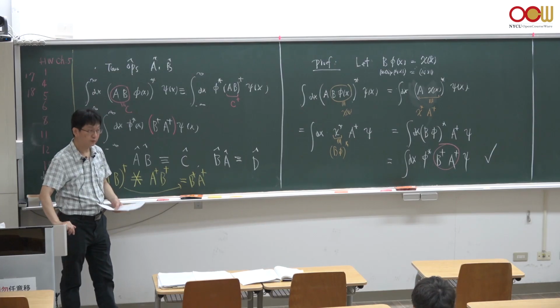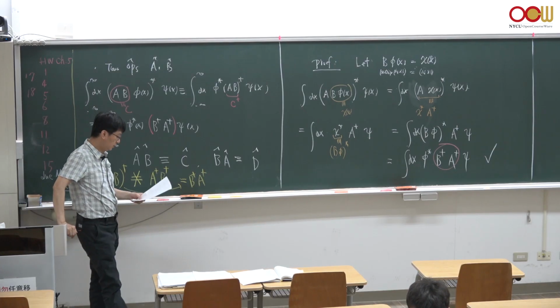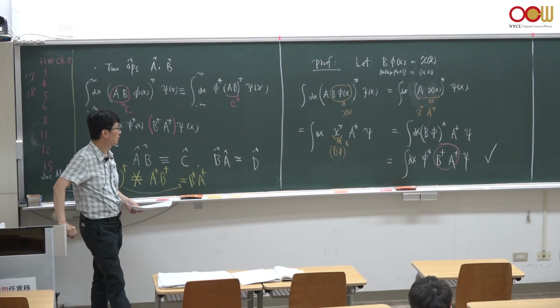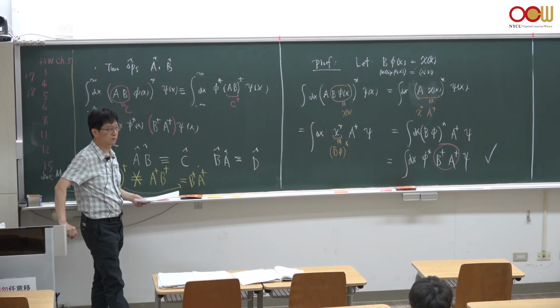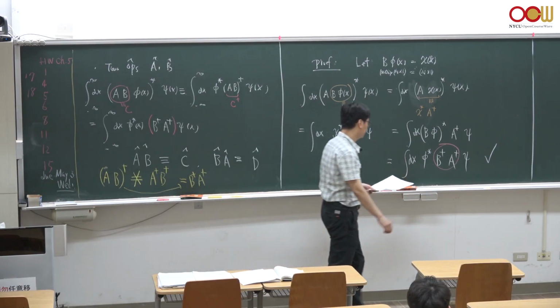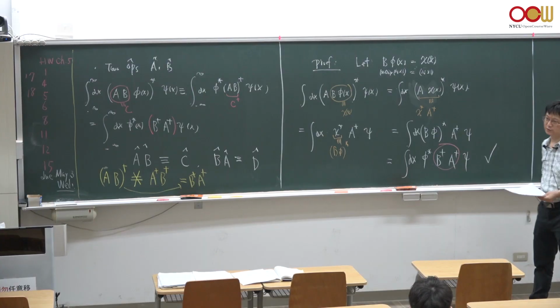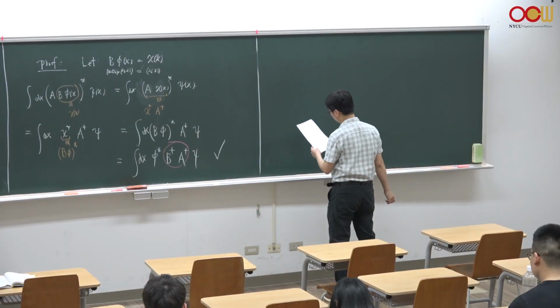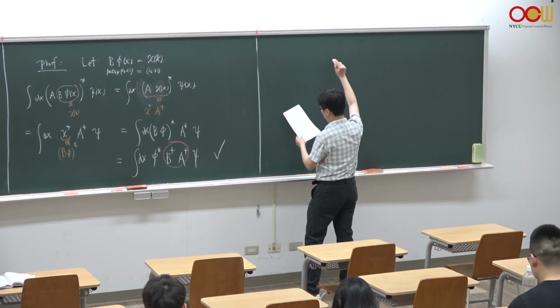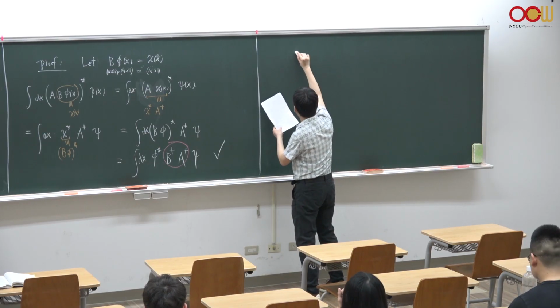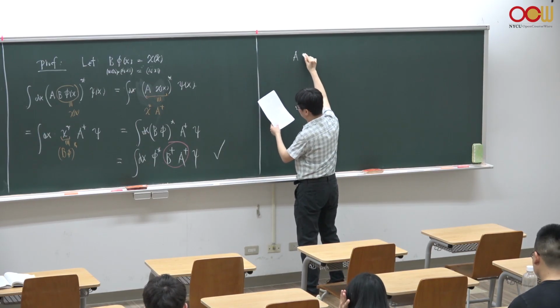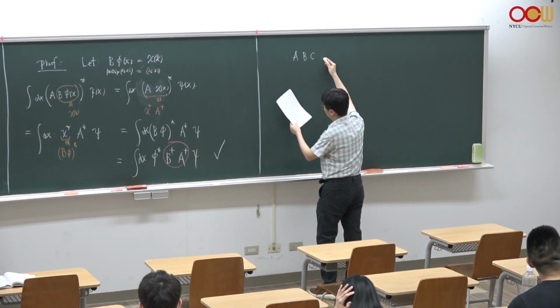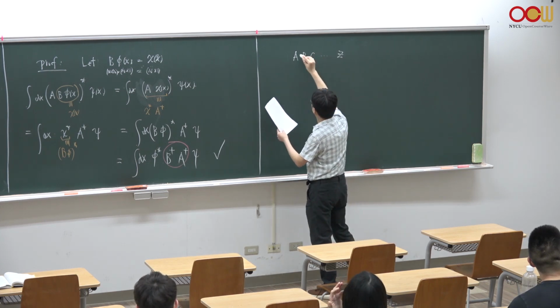So here's a very good lesson. If you really want to take the dagger of any product of operators or matrices, you should interchange the order and then put a dagger on all operators. We can generalize this definition of the dagger on the product of many operators.